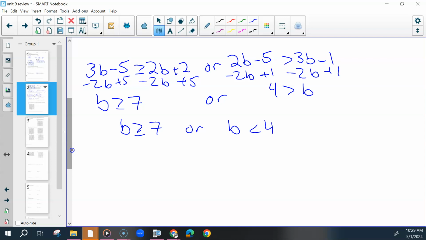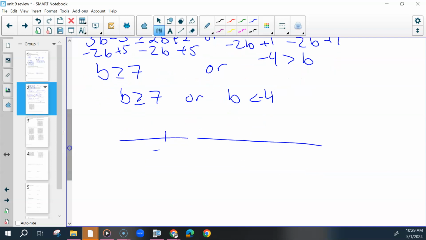And then when you graph it, they're going to face away from each other. So at negative 4, that would be open going to the left. At 7, it would be closed going to the right. Do you have any questions there?